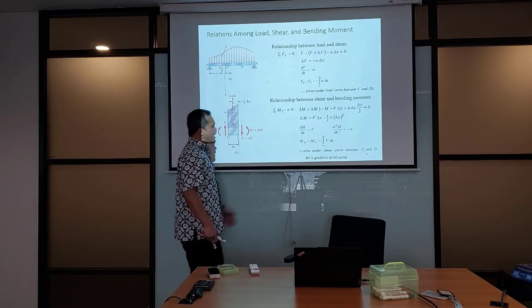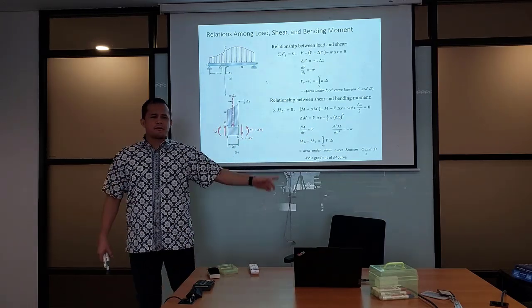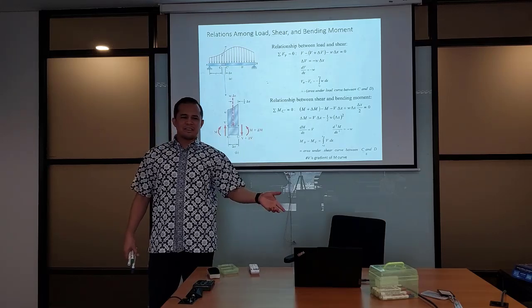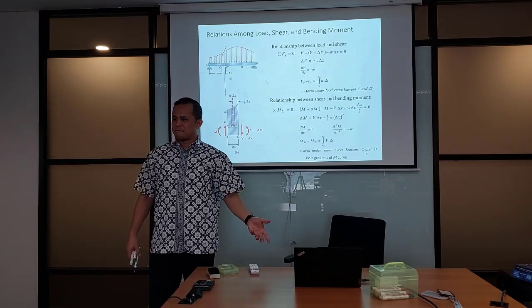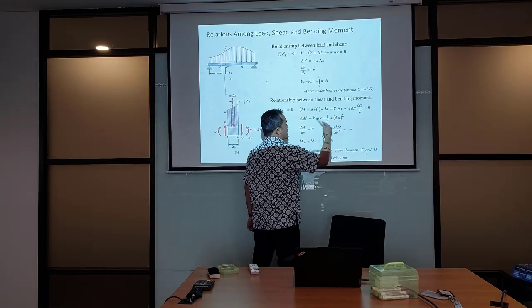If I then assume that the delta X is very small, therefore delta X squared becomes even much smaller. By that assumption, this part is negligible.